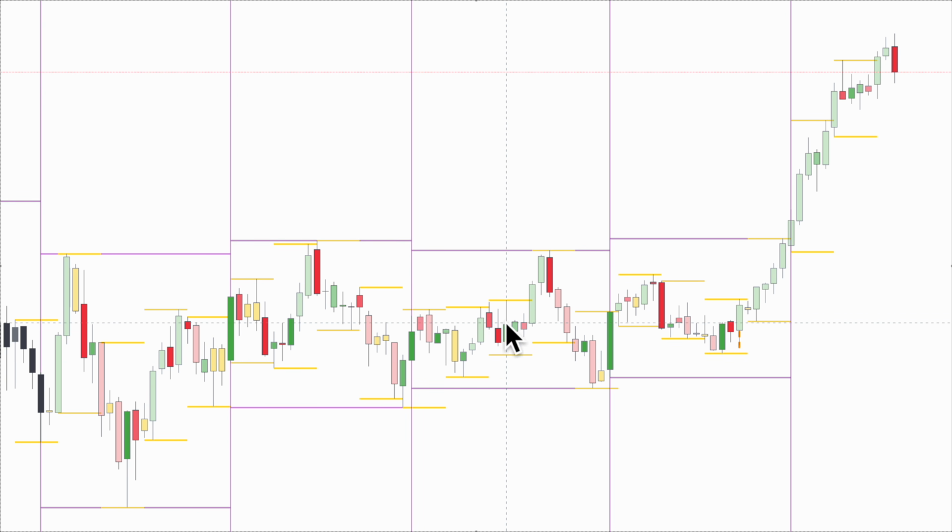Week 1, week 2, week 3, fake out high, fake out low. So parabolic at the end of the month. End of month, very parabolic strong move. Then first week pushing up, second week down, third week down, fourth week pushing up into the close.